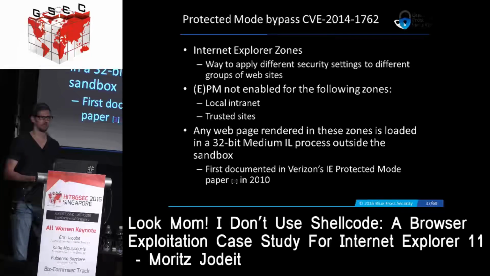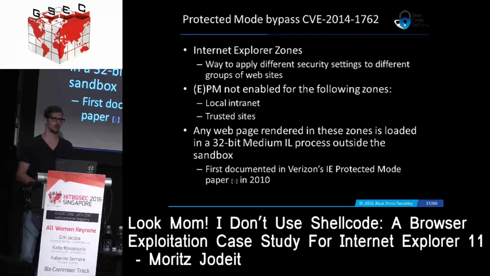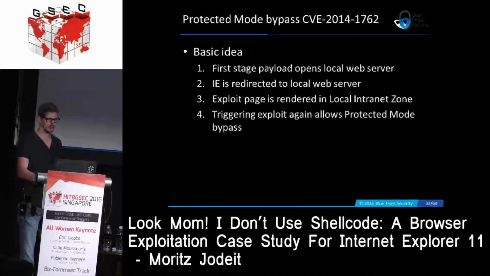So every time your page is considered to be part of this zone, it's rendered outside of the sandbox, and in a 32-bit process as well. This was first documented in 2010 in a paper published by Verizon. The basic idea is as follows.